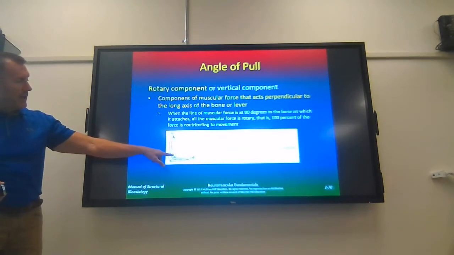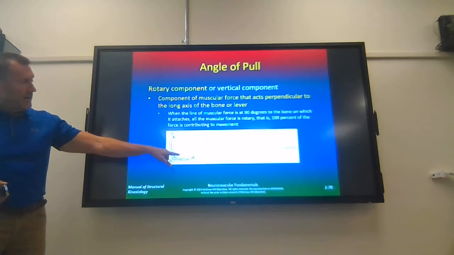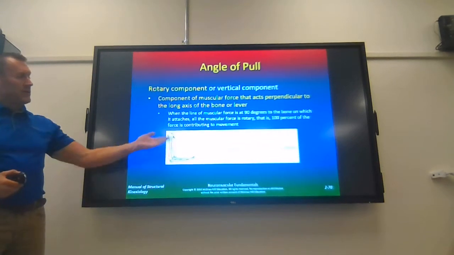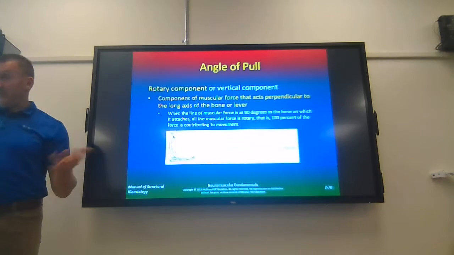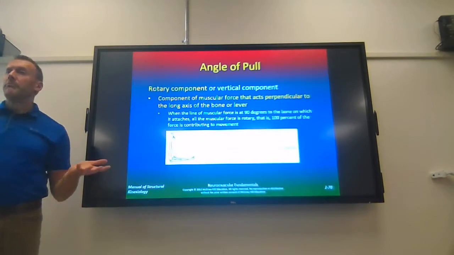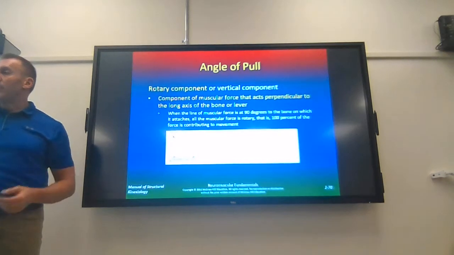So we're talking about not this side, not the far side of the tendon, we're talking about the part that's closer to the bone. So this inside part right here. So this is an angle of pull of, what angle would you say that is roughly? Yeah, 90 degrees angle of pull.